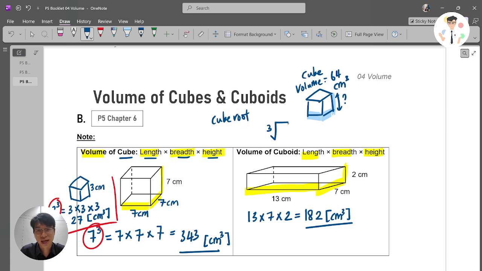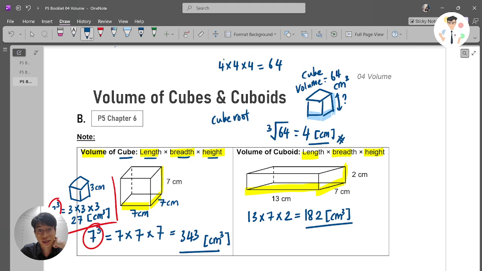Cube root means that I need to cube root 64. If you press on your calculator, you should get 4. That is the answer, 4 cm. But teacher, what does this actually do? This cube root is reminding us that 4 times 4 times 4 is equal to 64. Do you get the idea?